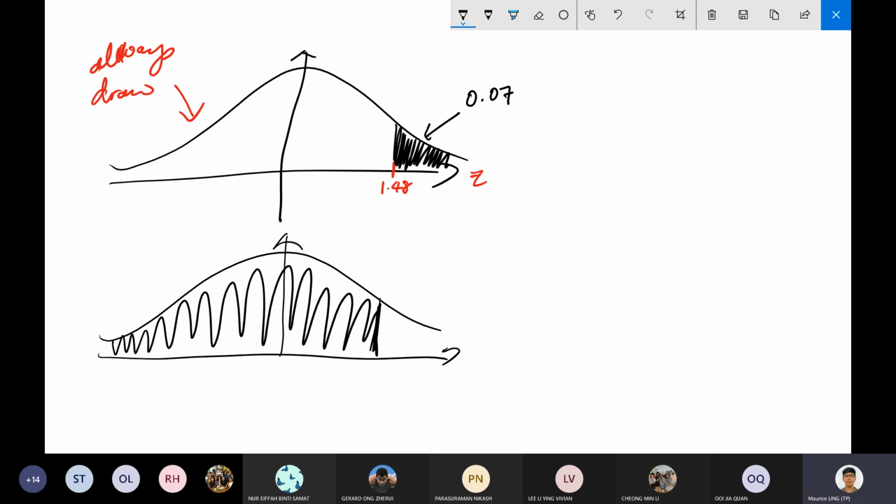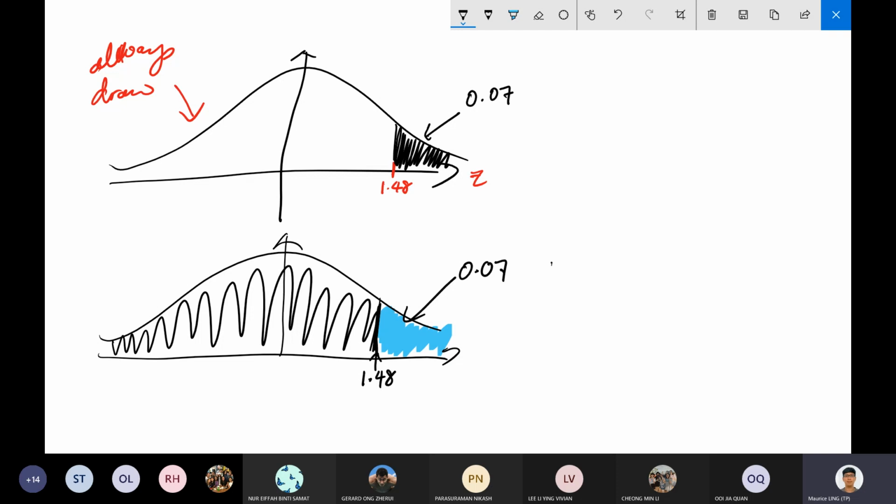Let's say you want to find out this area, and here is 1.48. The table doesn't give you this. What the table gives you is this blue shaded region, which the table tells you is 0.07.